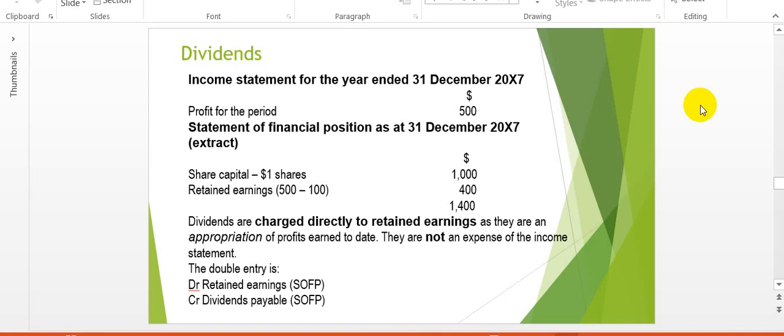But when you are paying dividends yourself as a company, you do not include these dividends in the income statement as an expense. Please take note, dividends are not a business expense. Dividends are paid out of retained earnings, so they will be shown in the statement of financial position.